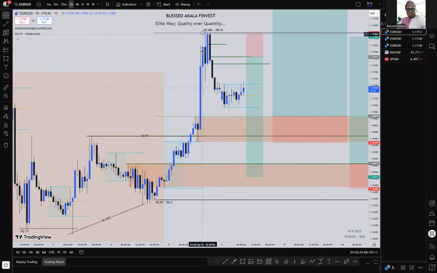If we measure the 50% of this range, it can be, but I don't want to do over analysis. If peradventure price does not get to that level, then it's aligned perfectly with the 50% of this breaker block. So we can be anticipating and hoping that we might get price into that level anyway.